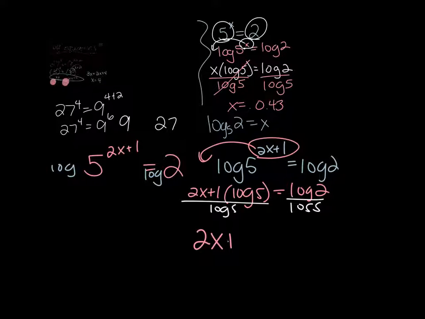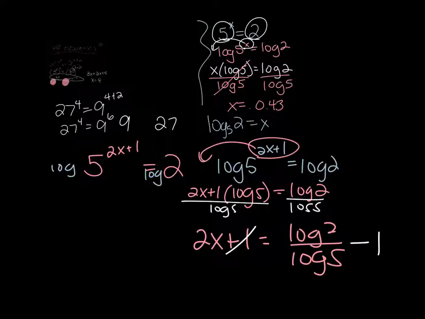And I have 2x plus 1 equals log of 2 over log of 5. And then to this, I would subtract the 1, which is going to cancel that out. And at the very end, I would divide by 2.